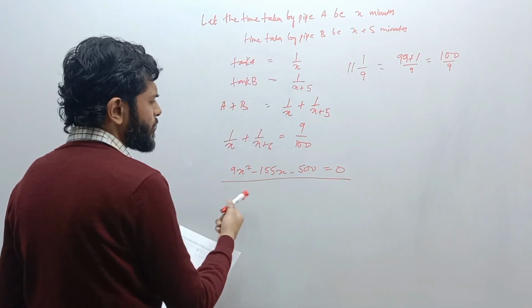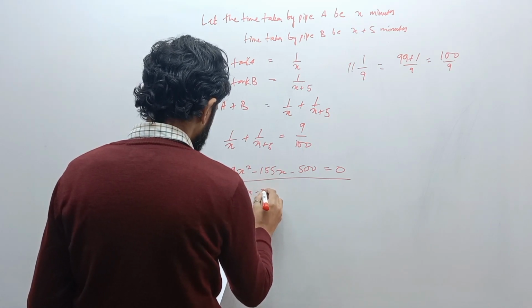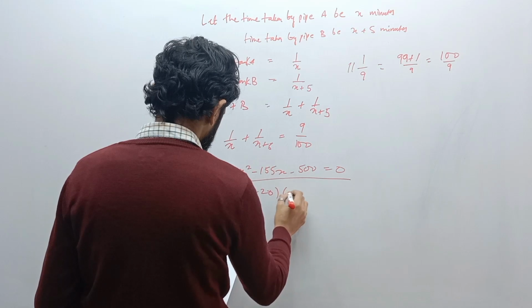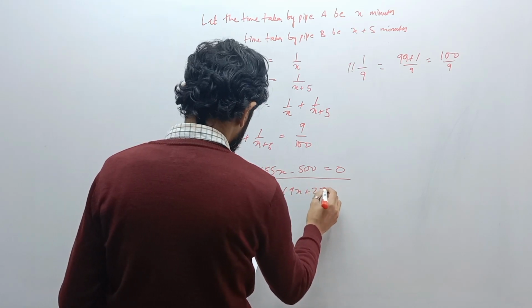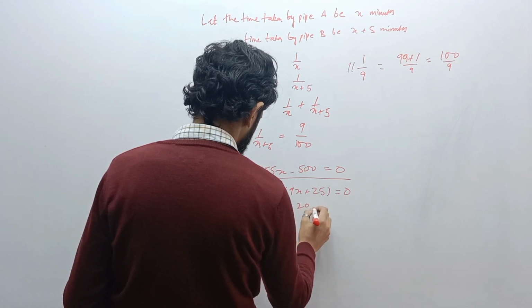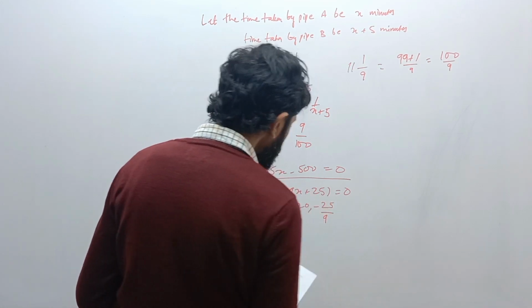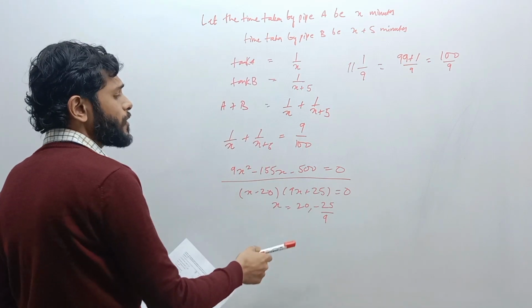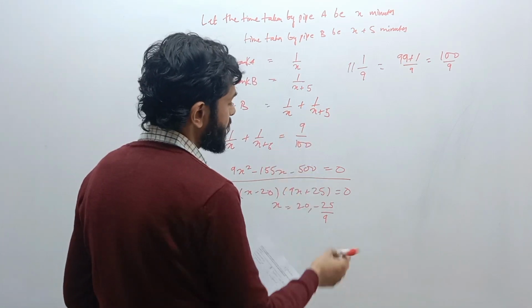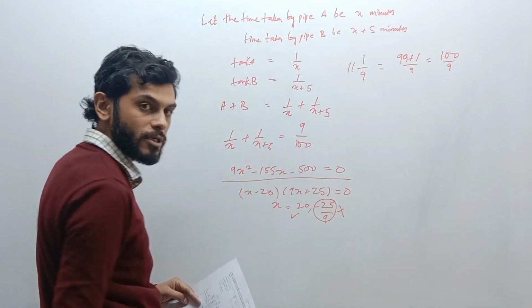Now you can solve this by any method. Upon solving it, you get your factors as x minus 20 and 9x plus 25 is equal to 0, which gives your x as 20 or minus 25 upon 9. Now we are talking in terms of minutes, and time can never be a negative quantity, so you will only select the positive number here.